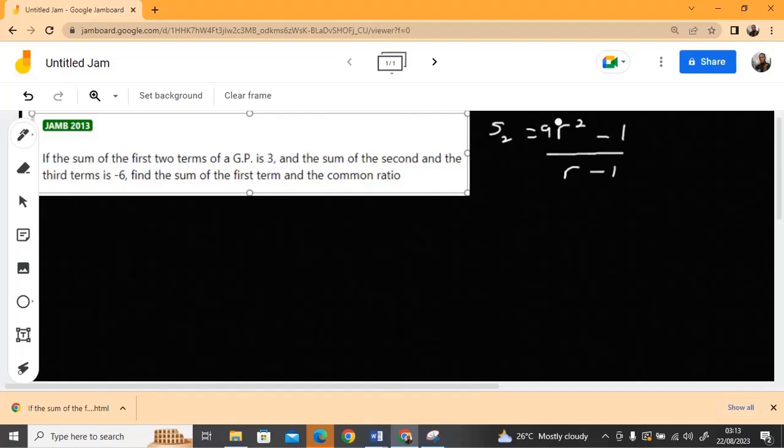This is our formula, right? Now they said this is equal to 3.